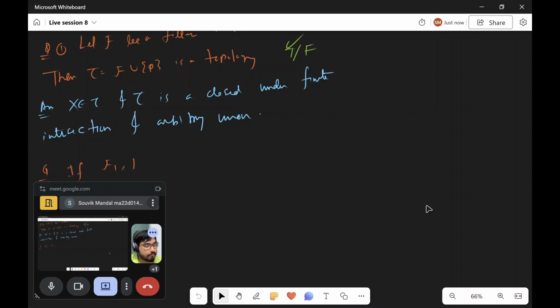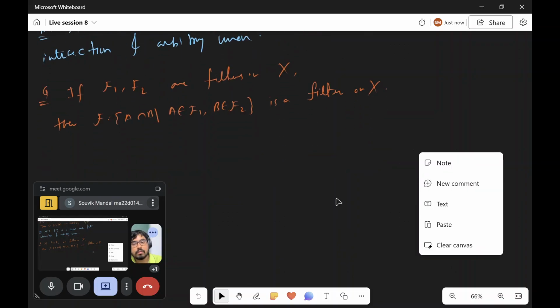Now question two. Suppose f1 and f2 are two filters on X, then F is equal to A intersection B, where A belongs to f1 and B belongs to f2.